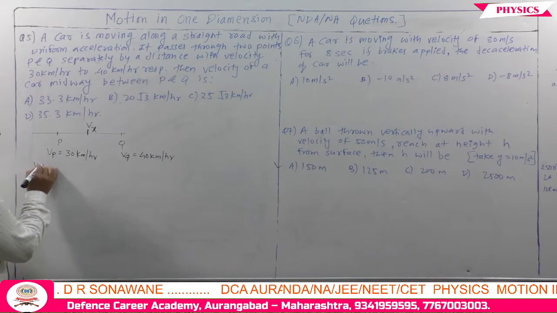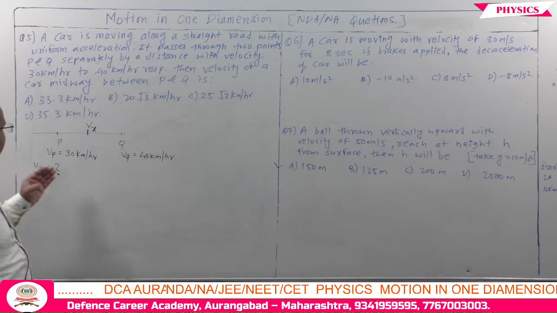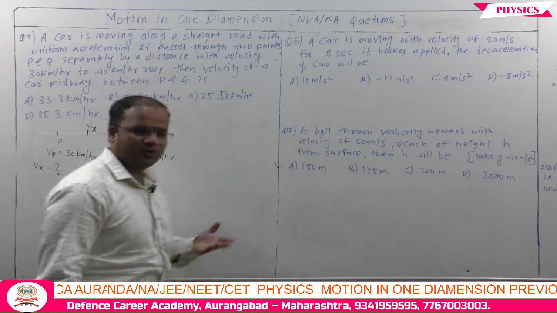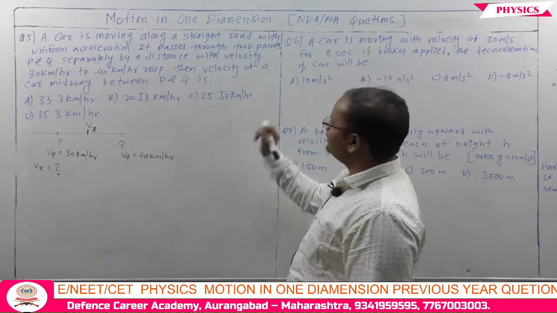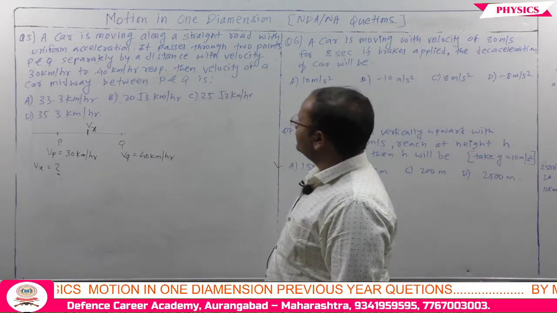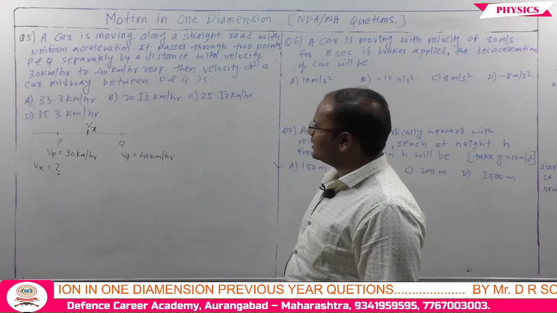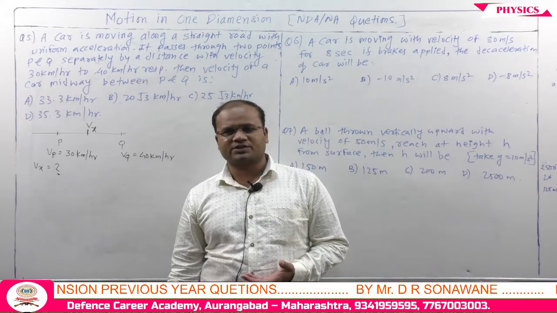So our challenge is to find the value of Vx. The options given are 33.3 km per hour, 20 root 3 km per hour, 25 root 3, and 35.3 km per hour. In this question they have given two velocities. We generally use kinematical equations in motion in one dimension.